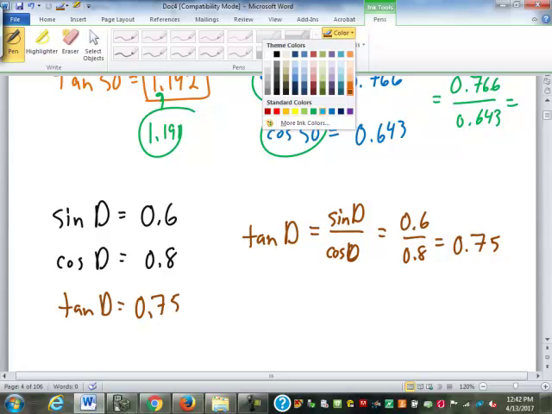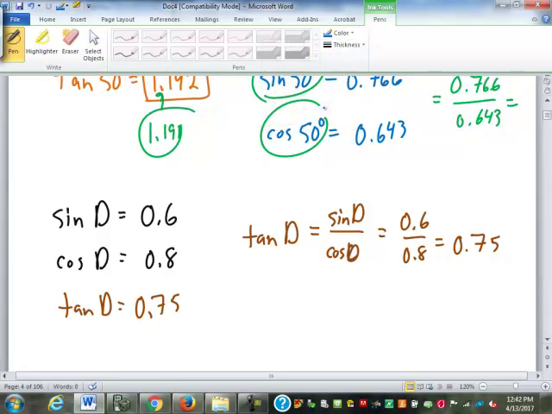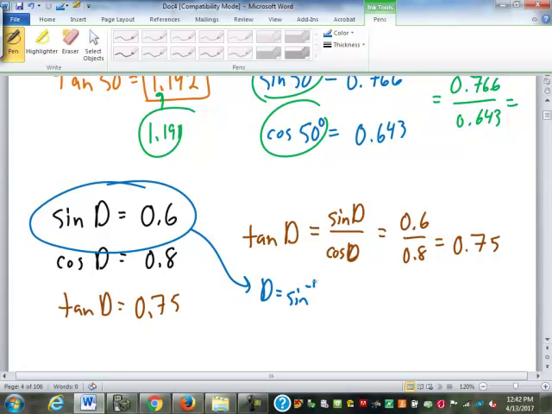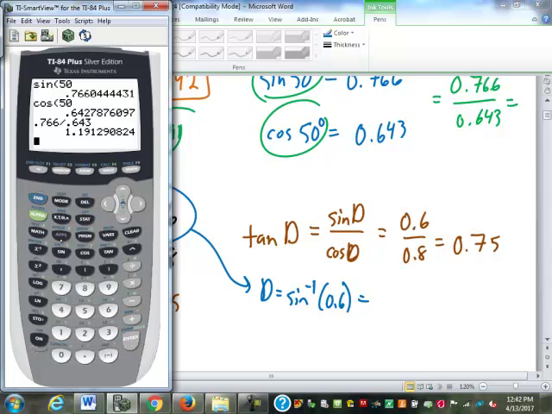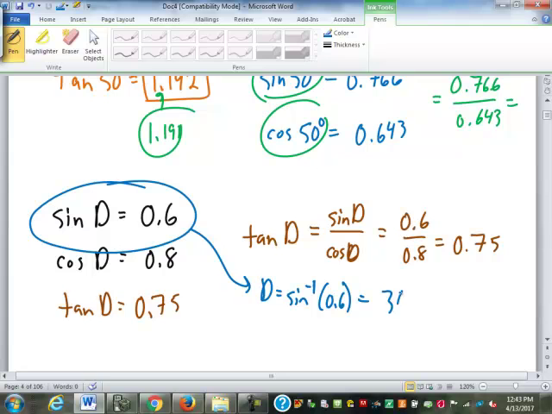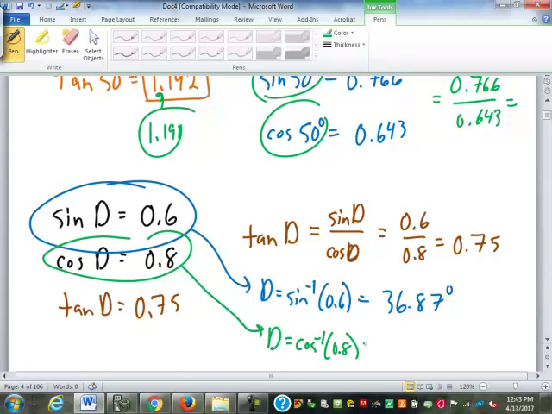Now we know how to do an inverse function, right? We could actually find angle D here. How would we find angle D? Yeah, D would be the inverse sine of 0.6. 36.87 degrees. Or we do the inverse cosine of 0.8.